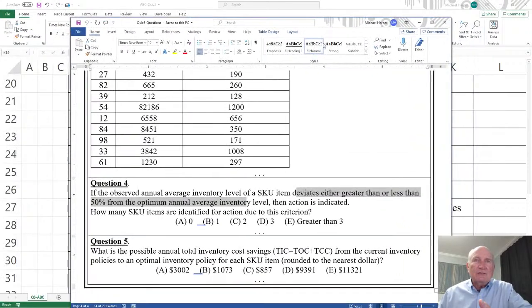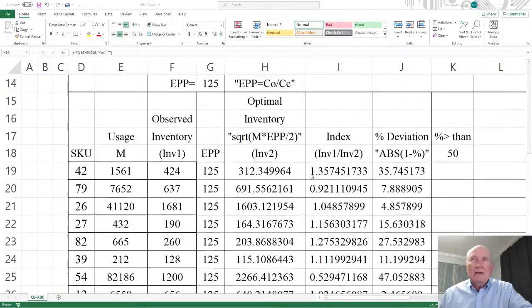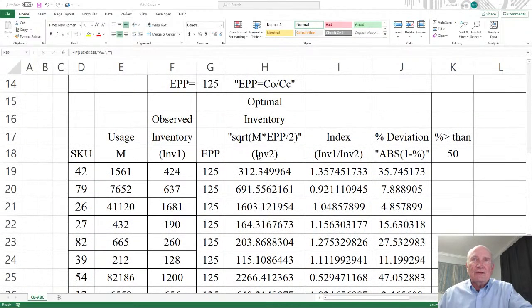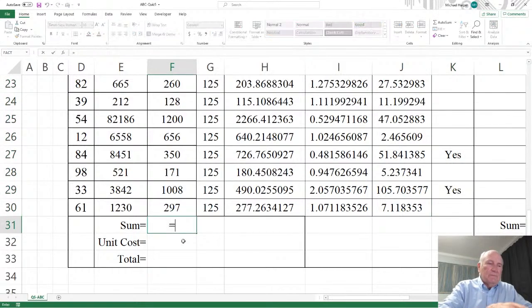The other question is, what is the possible annual total inventory cost savings, which is the ordering and carrying cost, from the current inventory policies relative to the optimal inventory policies, rounded to the nearest dollar. Let's see here. We have our inventory here and down here our sum. Let me take all of these.